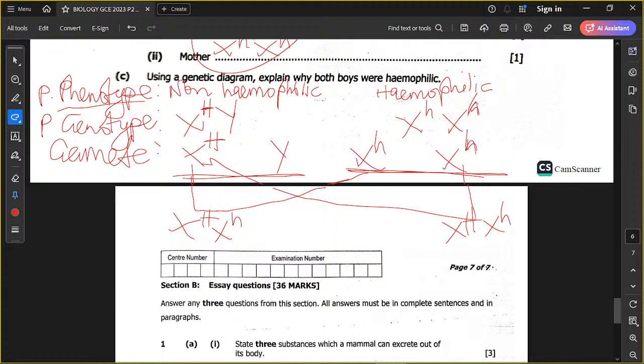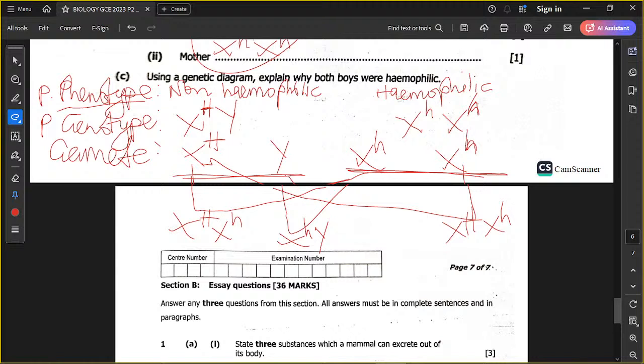Then we come to here, which is Y will fertilize this and this. Let me reduce the line. This and this will give us X, H, Y. Again, this one will fertilize this.